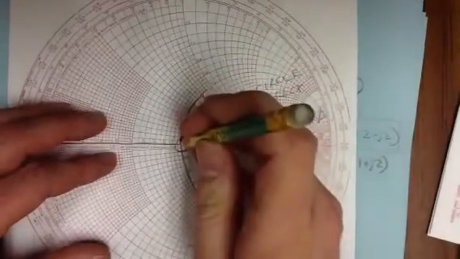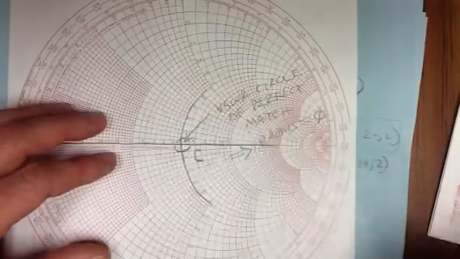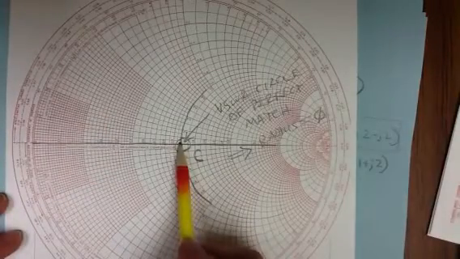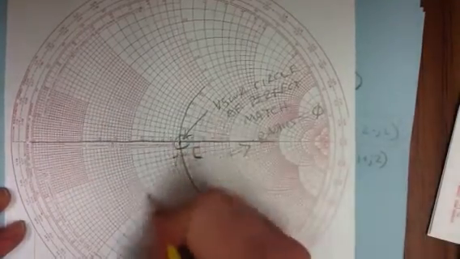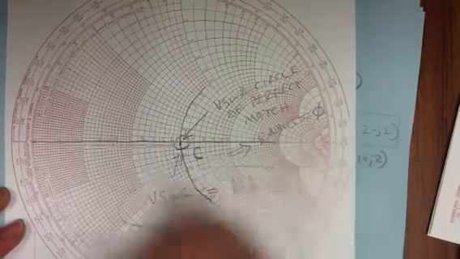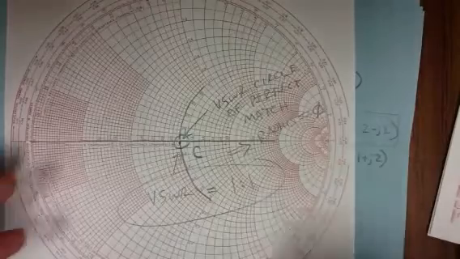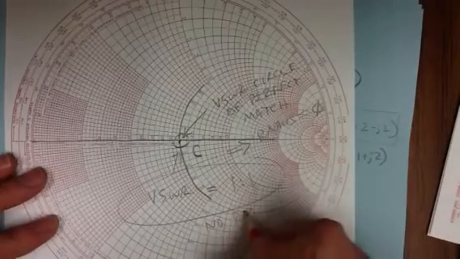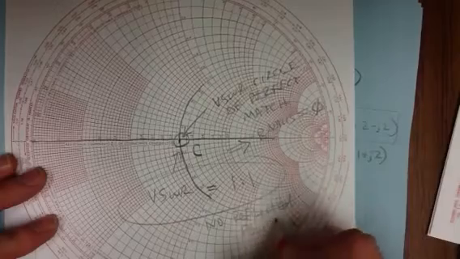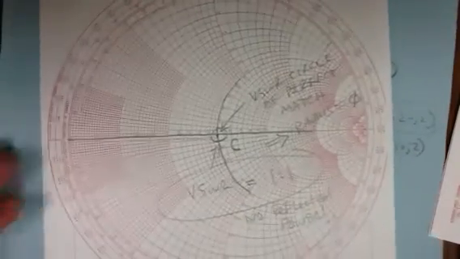So my circle is actually a point. If I look at my circle, where the circle crosses here, VSWR is equal to 1, which is the VSWR of a perfect impedance match with no reflected power. And that's how you find VSWR on a Smith chart.